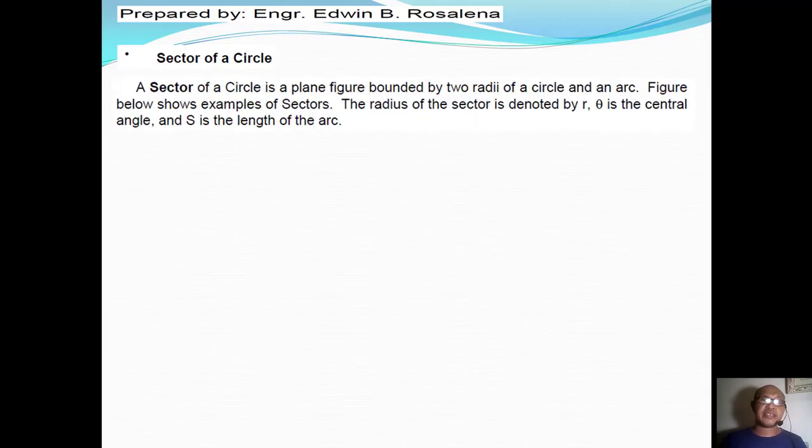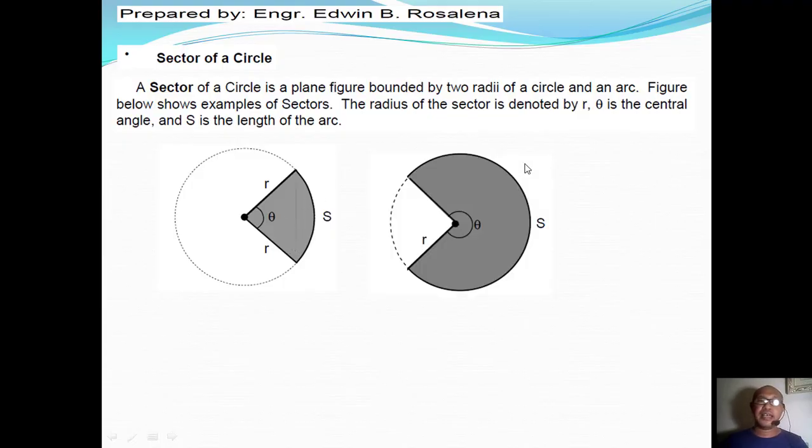A sector of a circle is a plane figure bounded by two radii of a circle and an arc. So the figure below shows a sector. This is bounded by two radii and an arc. So we have here the formula for the area.